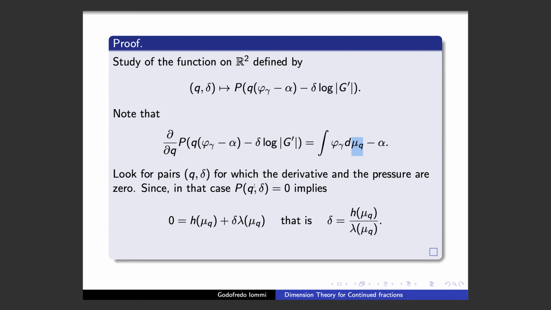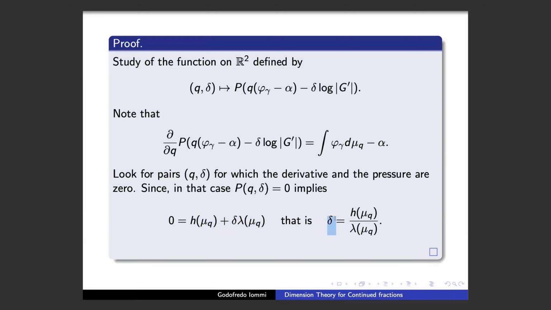If the pressure is indeed 0, then since the derivative is 0, this part will not show up in the variational principle, and the only thing that will show up is the entropy plus delta times the Lyapunov exponent. So this delta will be again the Hausdorff dimension of the measure mu q.